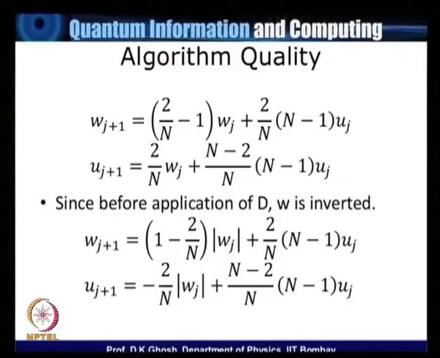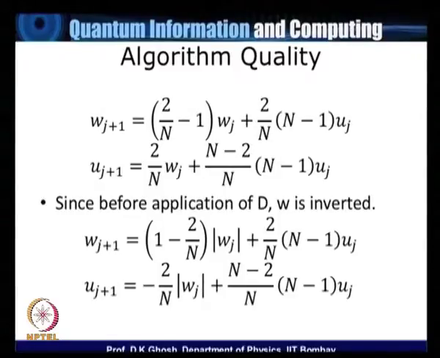I have changed the right hand side from Wj to the modulus, because we have seen that what the application of T does, that is the application, the step before D, is that W gets inverted.